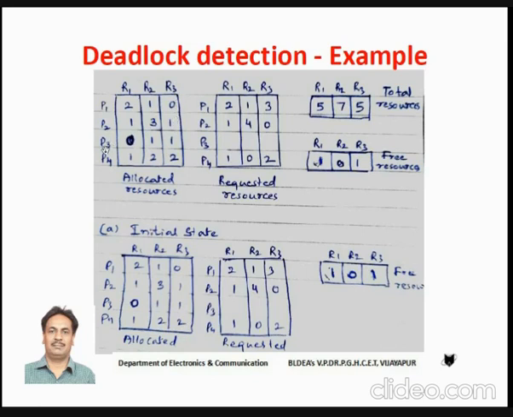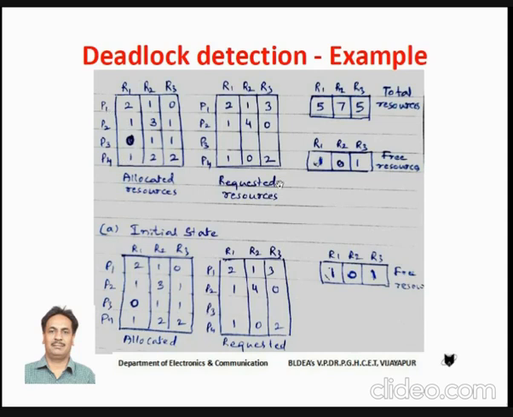Similarly for P3, it has one R2 and one R3 class resource. P4 is allocated one R1 resource, two R2 type, and two R3 type resources. So this first matrix gives information about the processes and allocated resources.